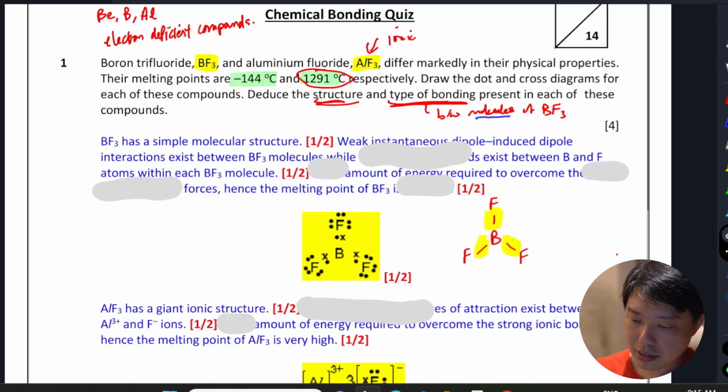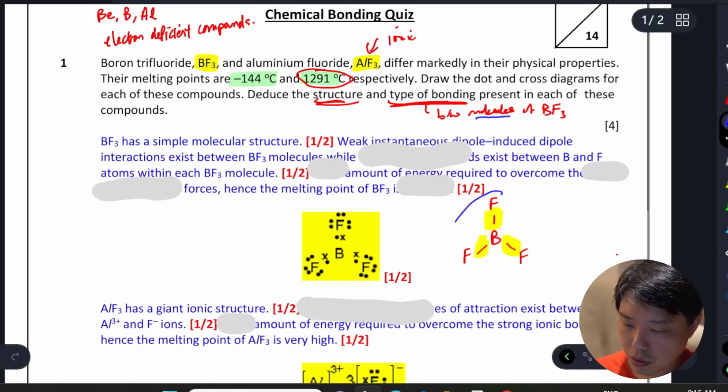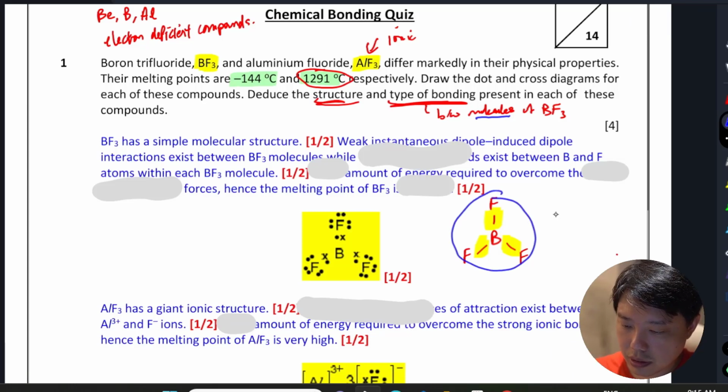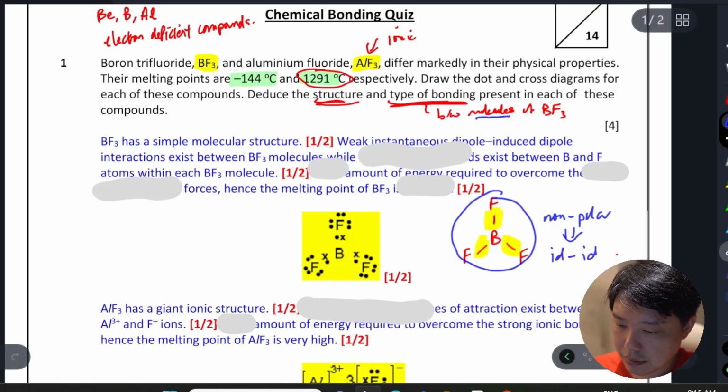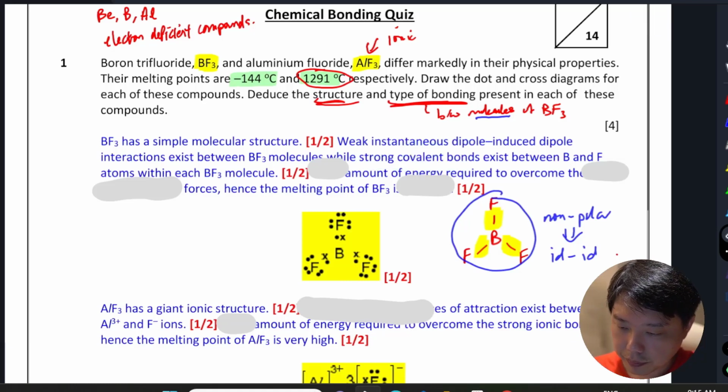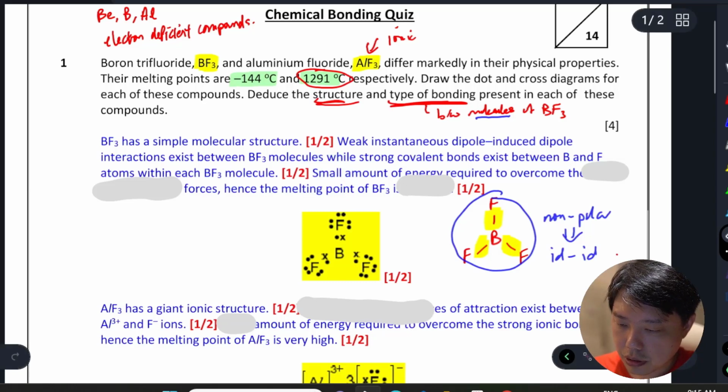Why is it ID? Because this molecule itself is considered non-polar. Non-polar molecules give you ID. And then next, you have to talk about the strong covalent bonds, which need a large amount of energy to overcome, but they didn't ask us for that, so we can skip it.